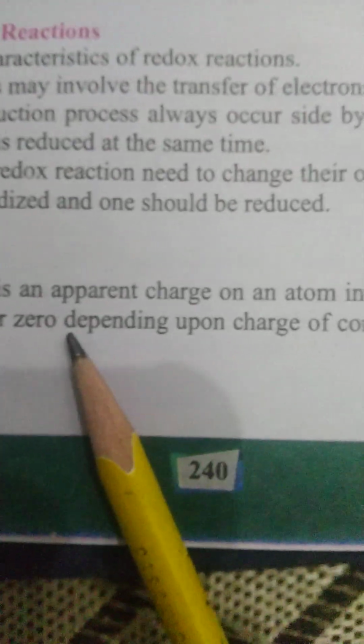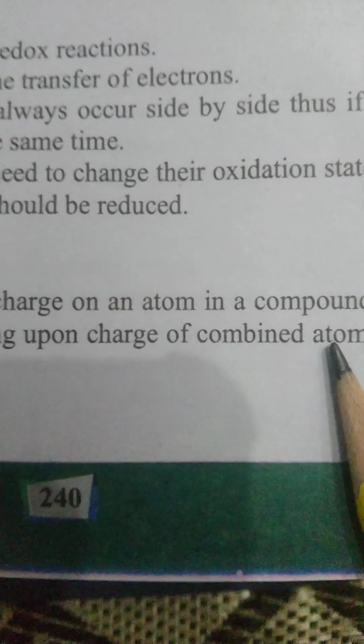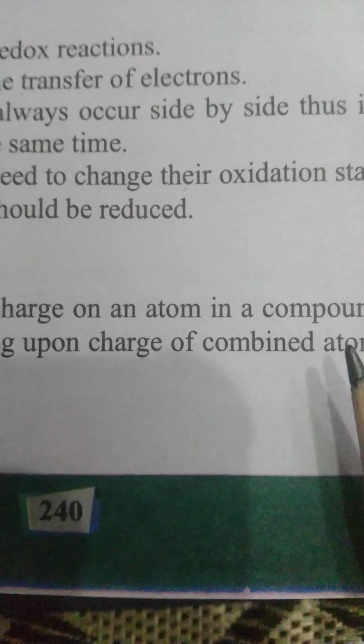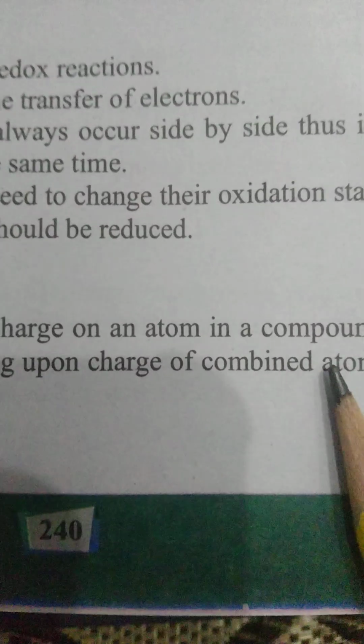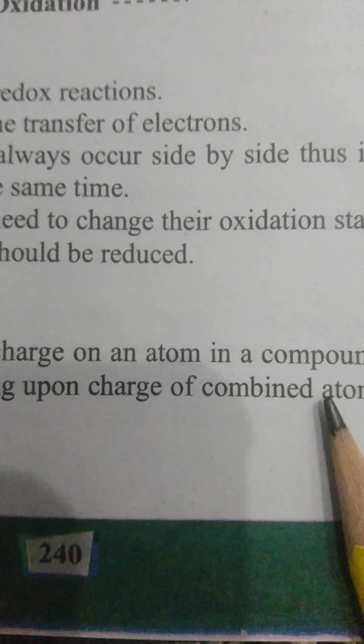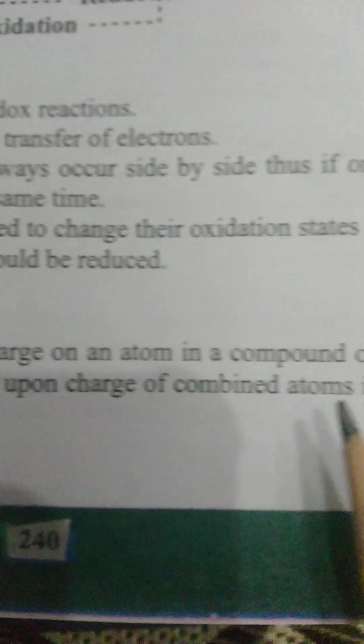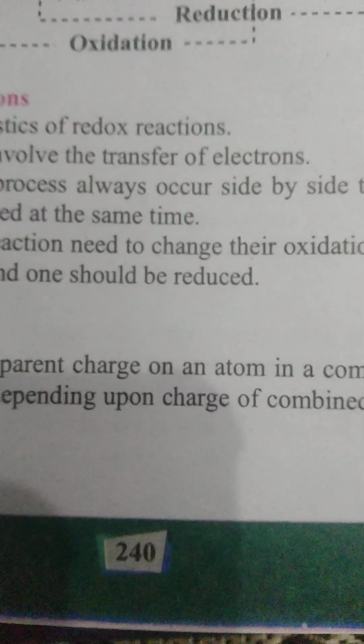Why? It depends upon the charge of the combined atoms, in what state they are, whether they are in a combined or free state, and the exact situation they are in. So this charge will depend on it in a molecule.